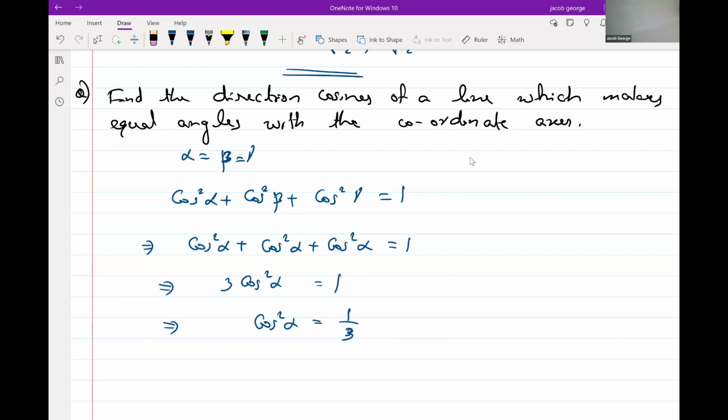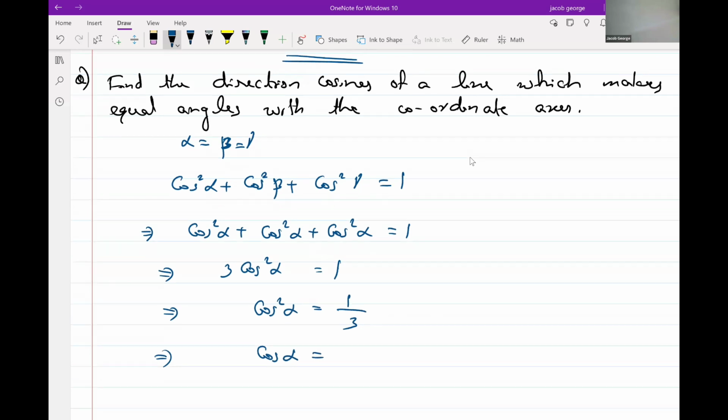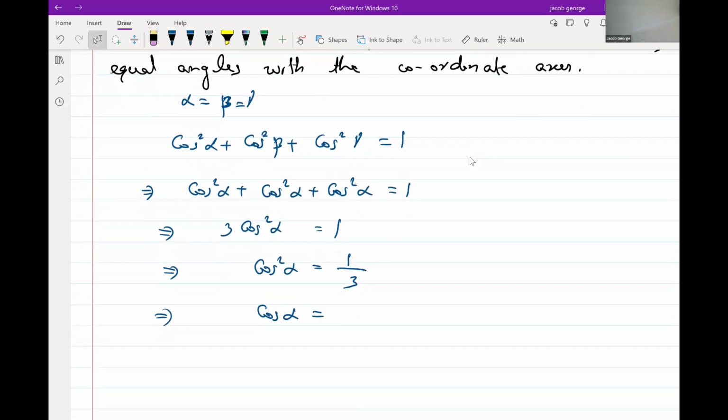Cos square alpha is equal to 1 by 3, which means cos alpha is equal to root of 1 by 3. What is root of 1 by 3? Plus or minus 1 by root 3. Here we take plus or minus because direction cosines can be positive or negative. In the previous question also you got one of them negative, right? Cos beta we got negative.